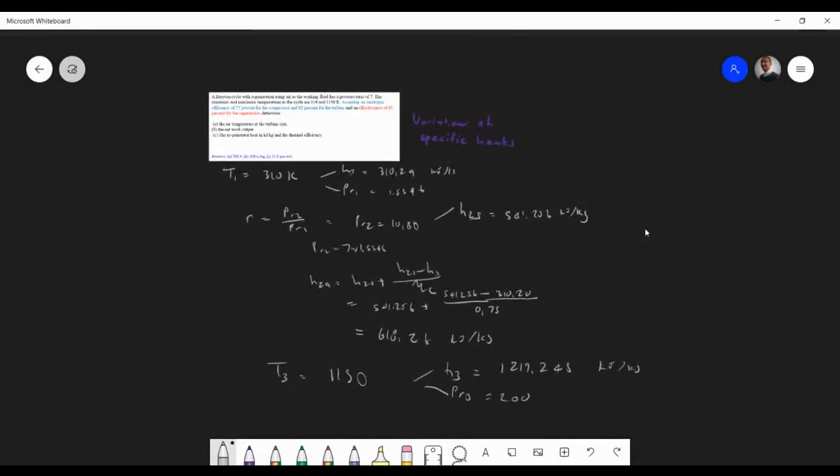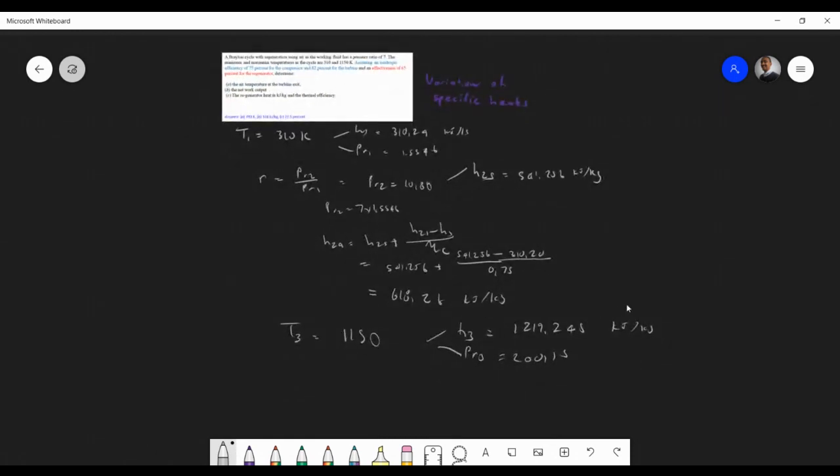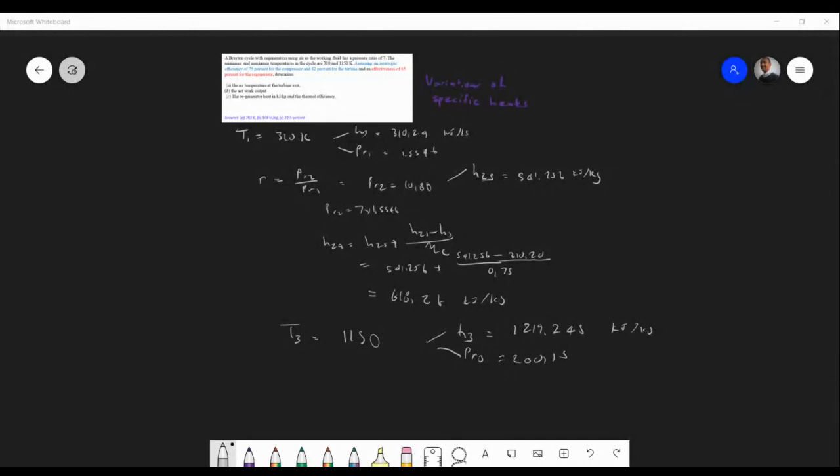I don't know if I'm going too fast for you guys. You guys keeping up? I can give you 5 minutes to catch up, so we all get to our properties, and then we can start working out. I'll give you a few minutes to get the actual temperatures and the entropy, and then we can look at the last part.